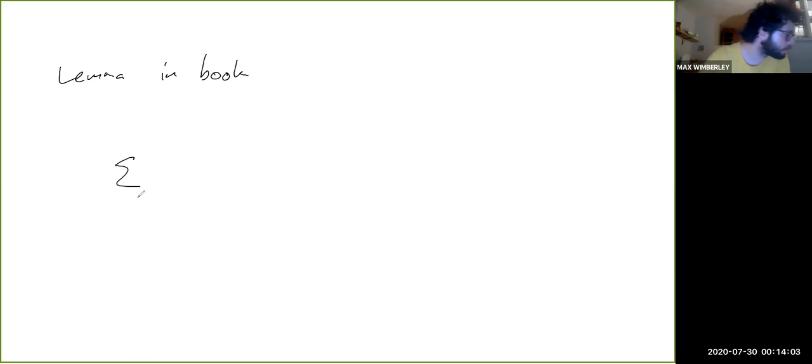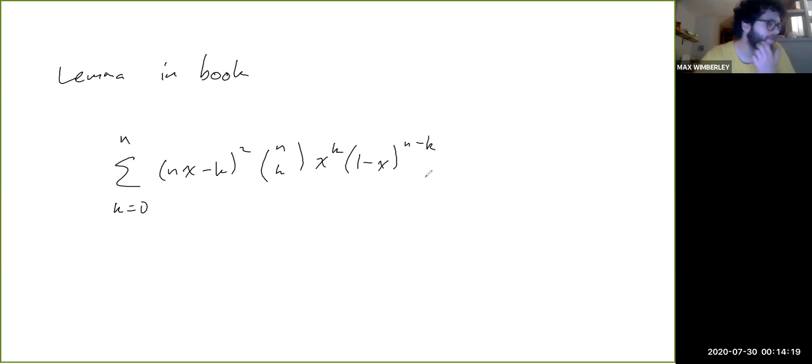The very last thing I'll say is about the lemma they prove in the book, the sum from k=0 to n of (nx - k)^2 times n choose k times x^k (1-x)^(n-k), which equals nx(1-x), which is less than or equal to n over 4.